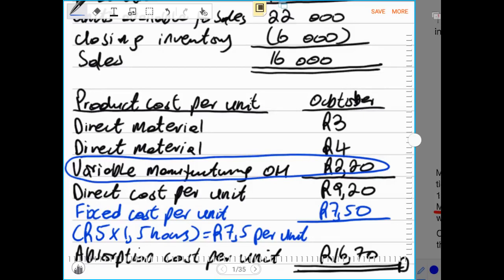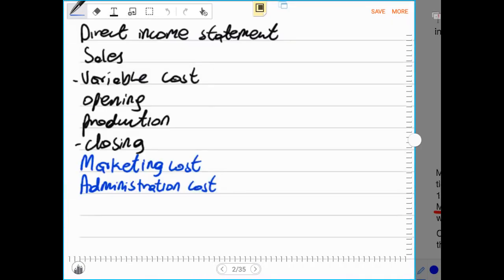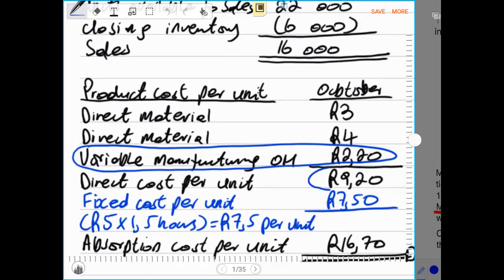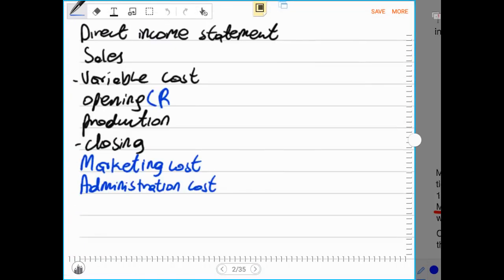It will be allocated in the opening inventory, because that will be based on the total variable cost, which is 9 rand 20 cents. This 9 rand 20 cents already includes variable manufacturing overheads, so it must not be included in the income statement as a separate cost.